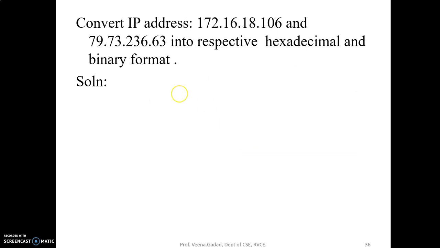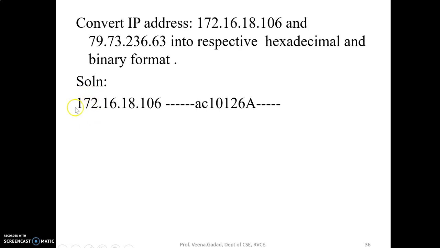Now let us see an example of how the addresses get converted and what technical terms are used. If you have IP addresses of 172.16.18.106 and 79.73.236.63, their respective hexadecimal and binary formats will be somewhere like this.